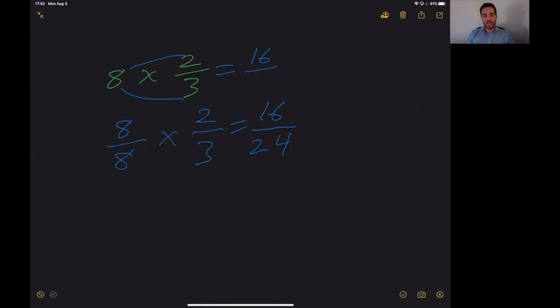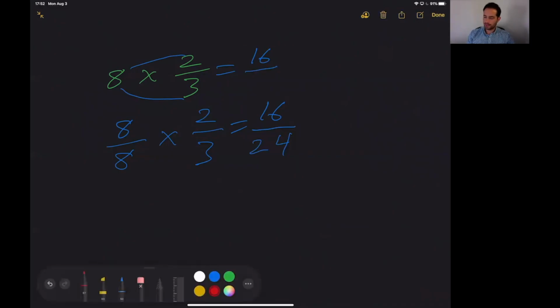We have to look at the 8 and the 8. What is 8 divided by 8? Because remember right here, because of that phrase, all fractions are division problems, this literally says 8 divided by 8. Well, that's actually just 1. So what we just did was 1 times 2/3, which equals 2/3.